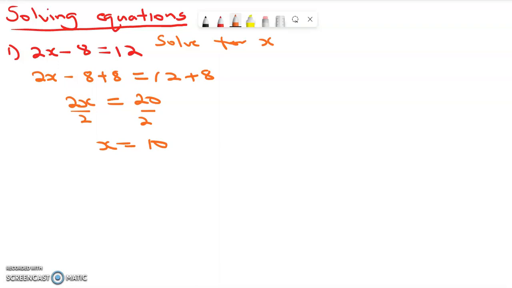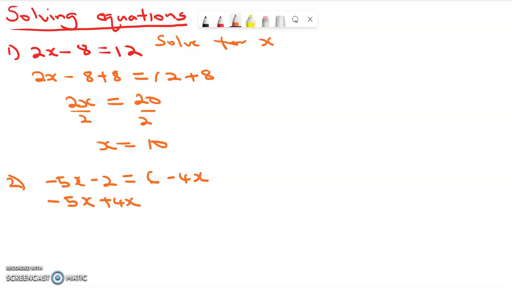Right, let us do example 2. For example 2, let us say we are given negative 5x minus 2 equals to 6 minus 4x. Alright, for this one, we need to have the variables on one side and the constants on one side. So this will be negative 5x equals to positive 4x, right?